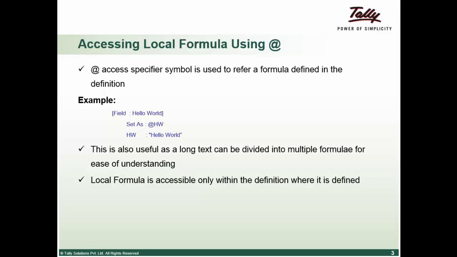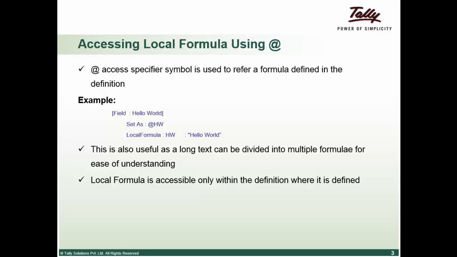A local formula is usually defined if the formula is specific to that particular definition and is not required by any other definition. Accessing a local formula using the at symbol: the at access specifier symbol is used to refer to a formula defined within the same interface definition. The scope of the local formula is only within the current definition. A local formula is usually defined if the formula is not for the utility of the other definitions.